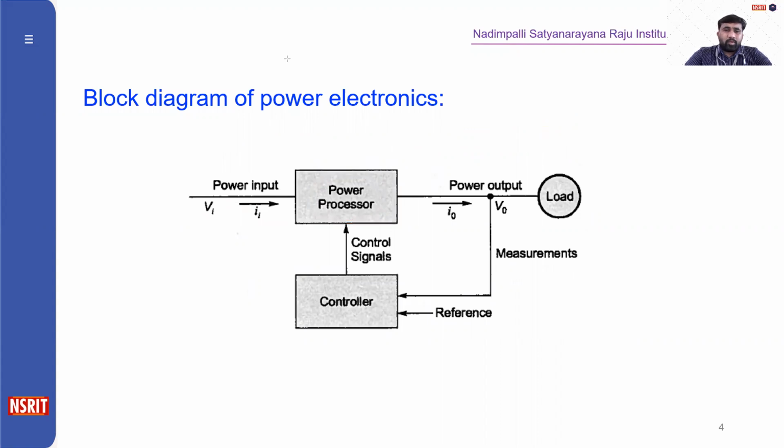Then you need to measure the output parameters. Whatever output you are converting by using the power processor, you have to sense and send or feed back to a controller. This is the controller unit, and this controller unit will also be fed by one reference signal. This is the reference signal feeding to the controller.